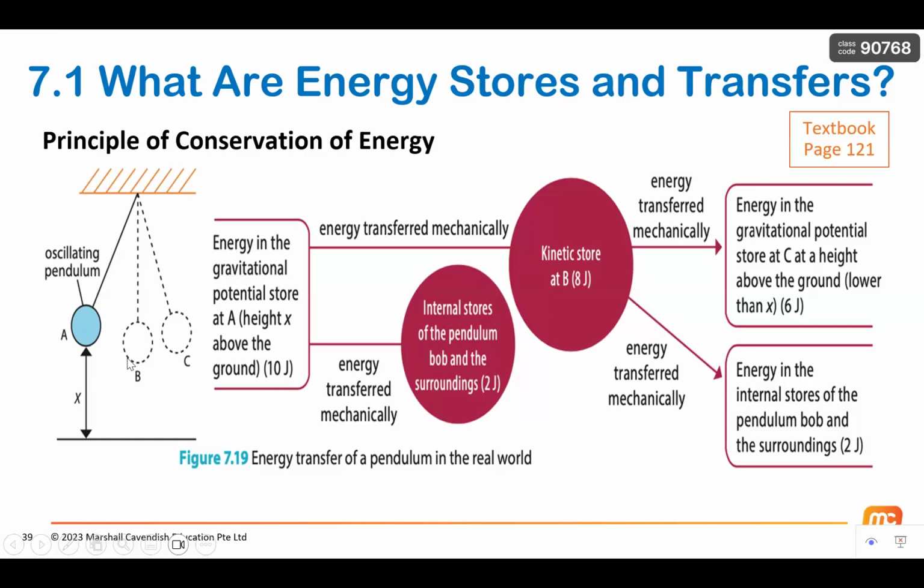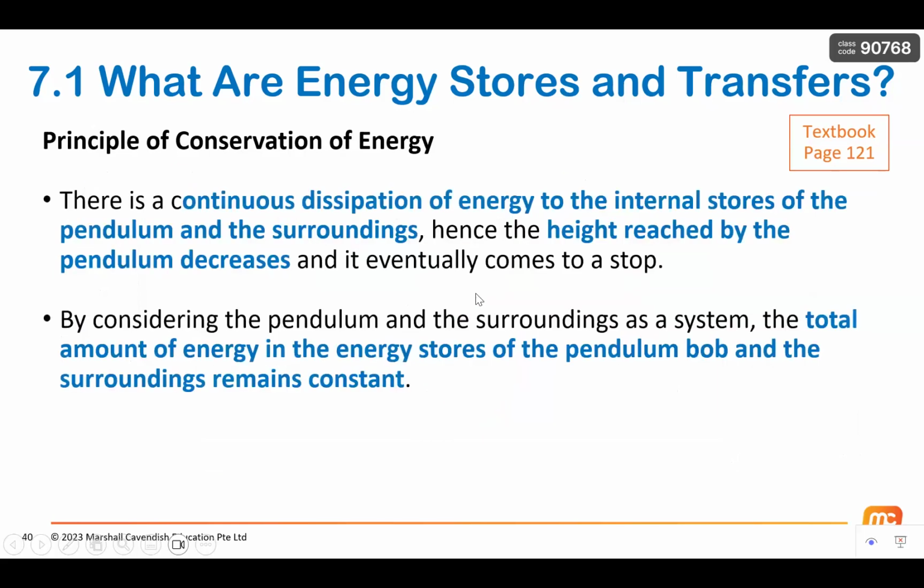So you'll see that the pendulum bob will reach a lower height because I have a lower gravitational potential store of 6 joules now. Okay, so there is a continuous dissipation of energy to the internal stores of the pendulum and the surroundings. So the height reached by the pendulum decreases. And eventually, if this process were to continue, the pendulum bob will come to a stop.